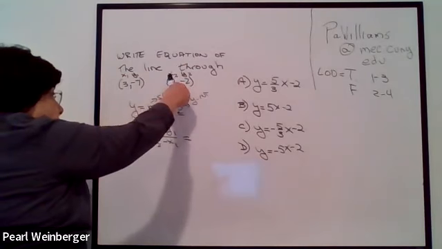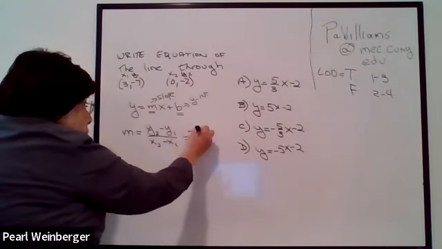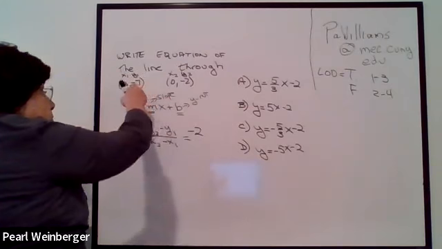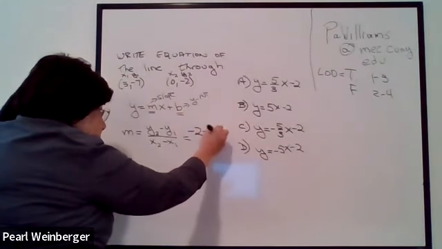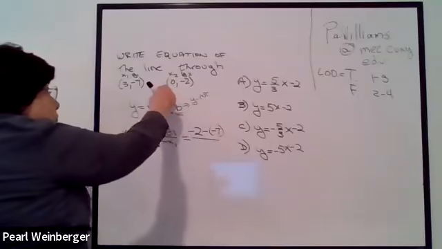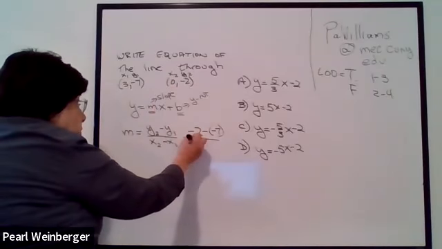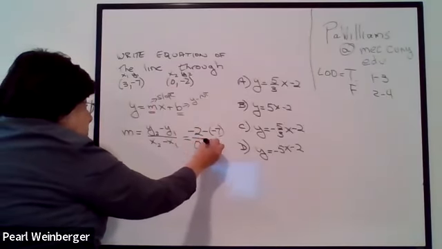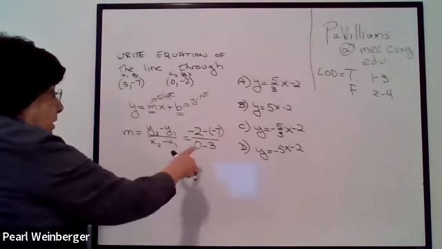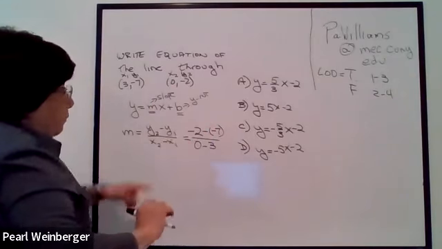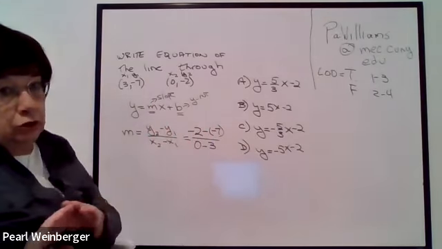The y2 I see is -2, minus the y1, which is minus -7, over x2, which is 0, minus 3. Okay. Now you could, if you want, stick this into your calculator.